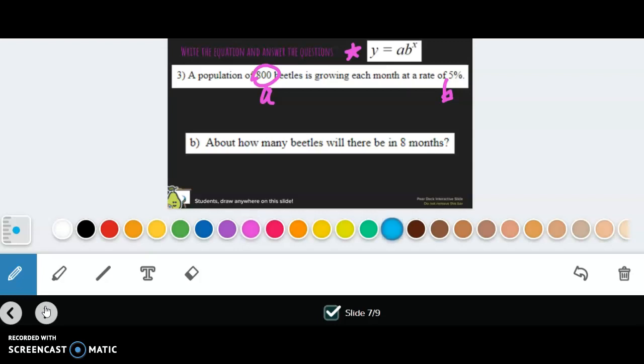I've got to convert that 5%. That really means 0.05, because if your decimal's here and you move it 2 times to the left, that makes your number 0.05. So that's what I said, 0.05.